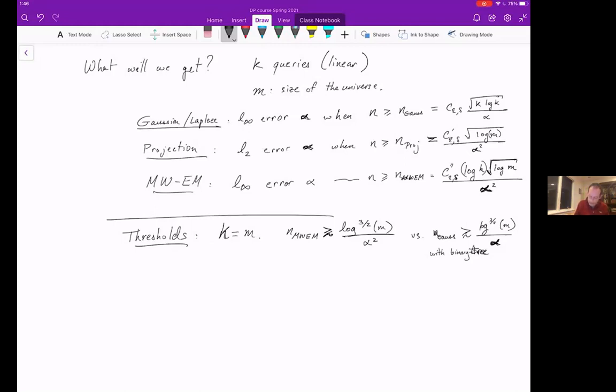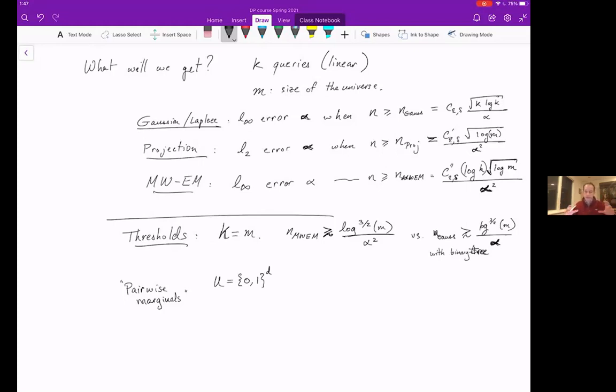But we can look at even slightly more complicated families of queries, and we'll see a big difference. One interesting family of queries are what are called pairwise marginals. Here, my data universe, for simplicity, we'll think of as binary strings of some length little d. Each record is a vector of d attributes.